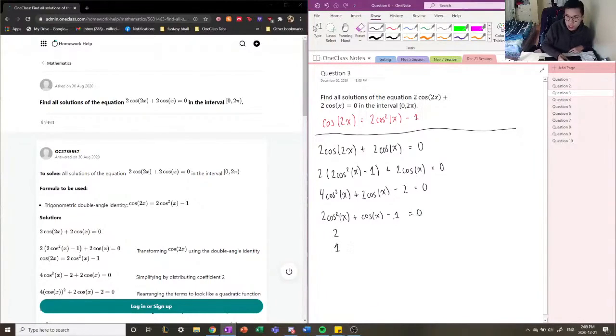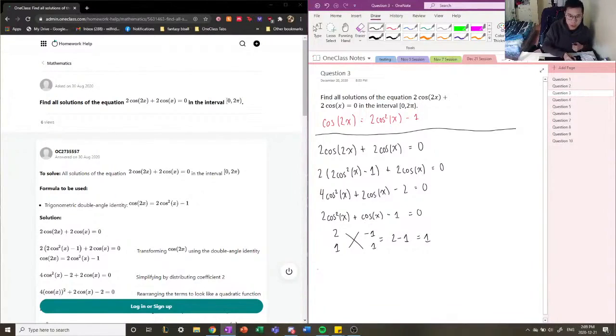And since the constant is negative 1, the factors have to include a negative number, so we're going to say negative 1 and 1. Let's check to make sure. 2 times 1 equals 2, and negative 1 times 1 is negative 1. So we have our correct factors. Now if we cross multiply, we get negative 2 plus 1... or 2 minus 1, and we get 1, which is equal to the coefficient of cos x. The coefficient of our middle term b is 1.